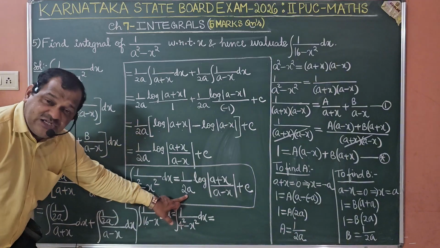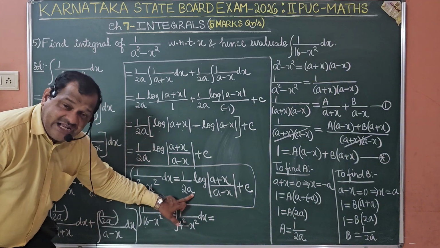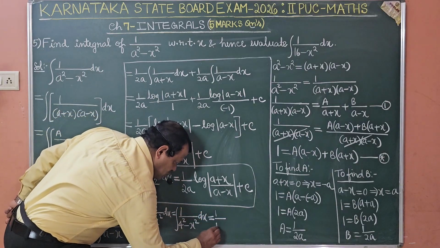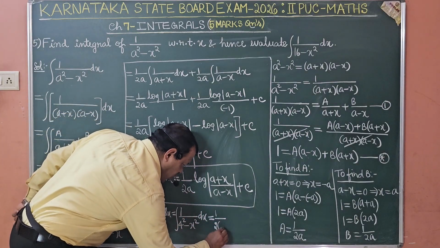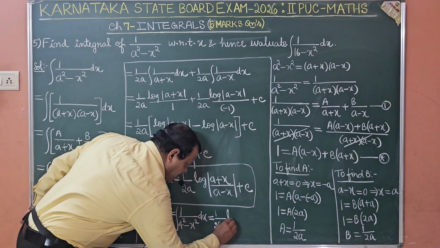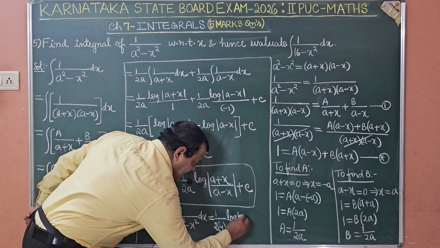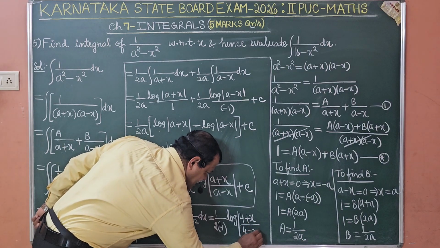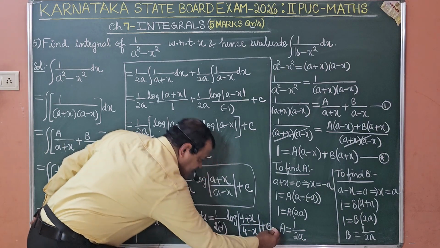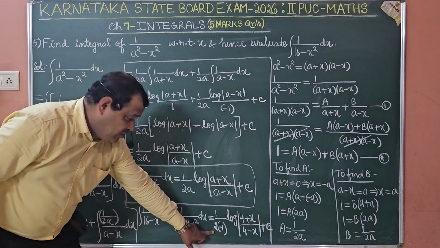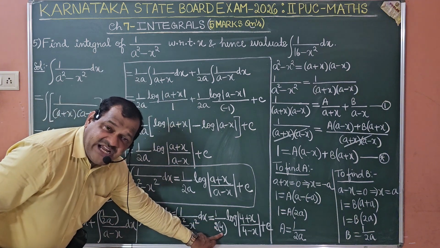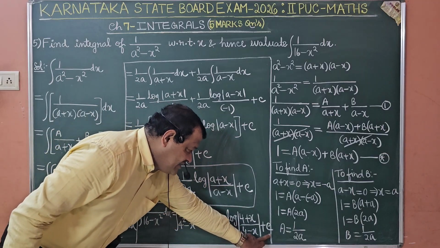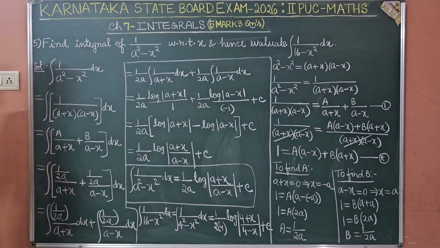So substitute on the right hand side also: wherever there is a, put 4. So 1 by 2 times 4 into log of mod of 4 plus x divided by 4 minus x to the base e plus c, and thus you can write the last line on your own. 1 by 2 into 4 is 8, so it is 1 by 8 log of mod of 4 plus x by 4 minus x plus c. Kindly go through the solution.